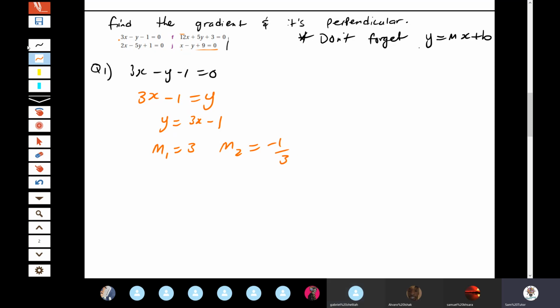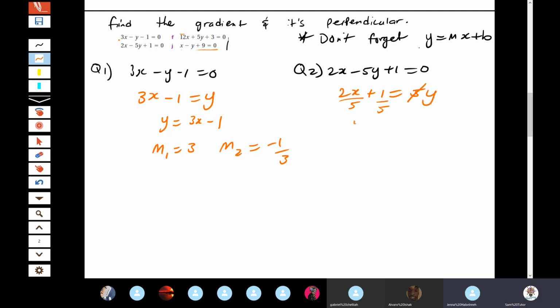Thank you so much. Question 2. 2x minus 5y plus 1 equals 0. Jenna, let's go again. What are you going to do? You're going to move the negative 5y to the right. Next line. You don't want the 5, so you divide everything by 5.